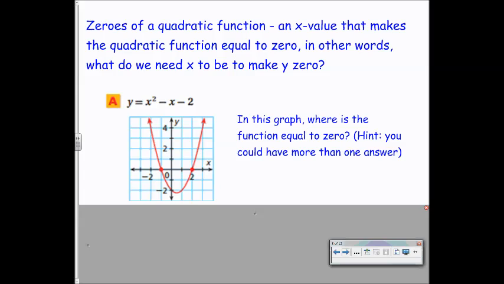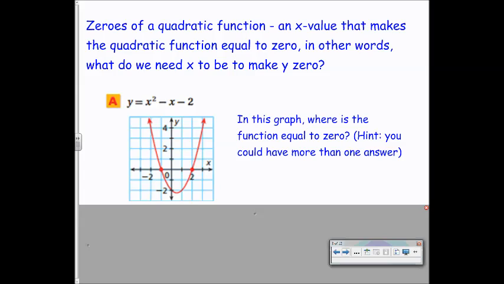But what do you think the zeros are? Zeros means you could have more than one answer. Okay, that's true. You can have more than one answer. My hint in this case, in this particular equation, is that there are 2 answers for the zeros.